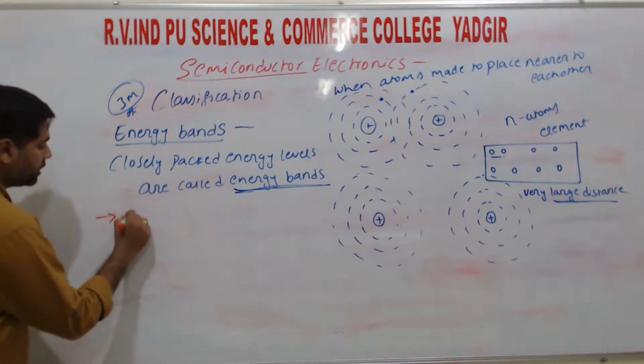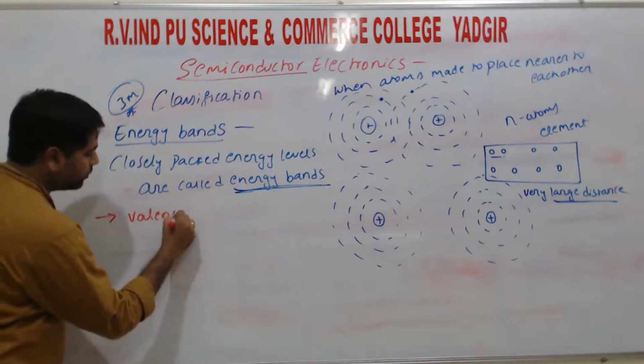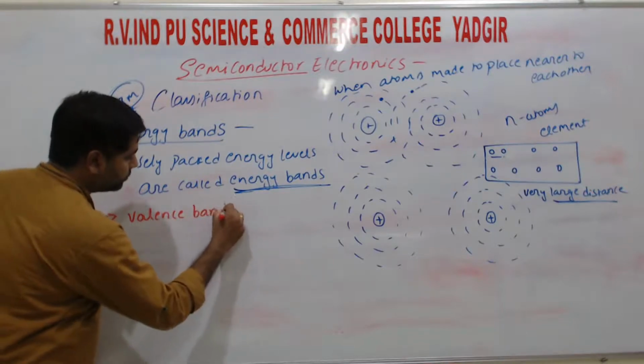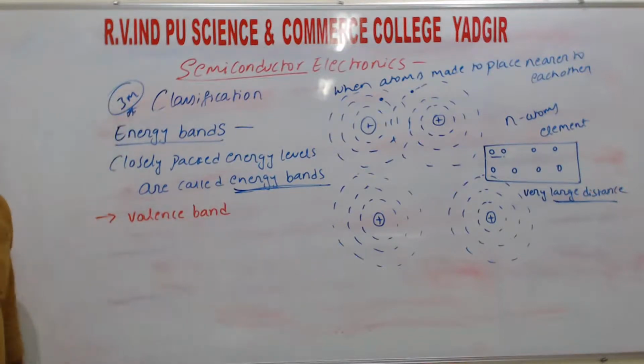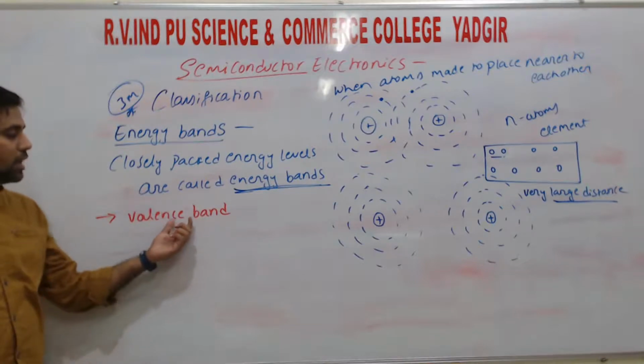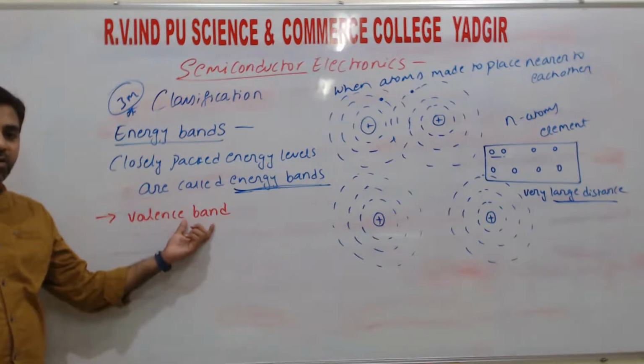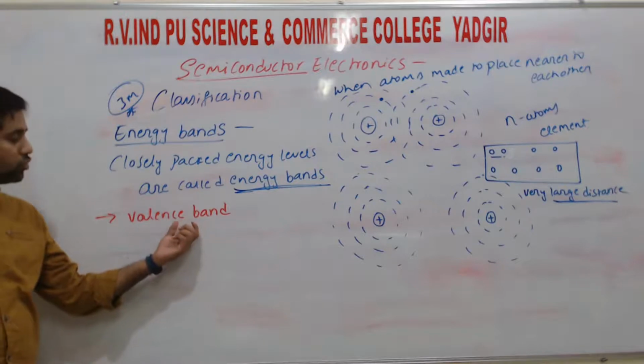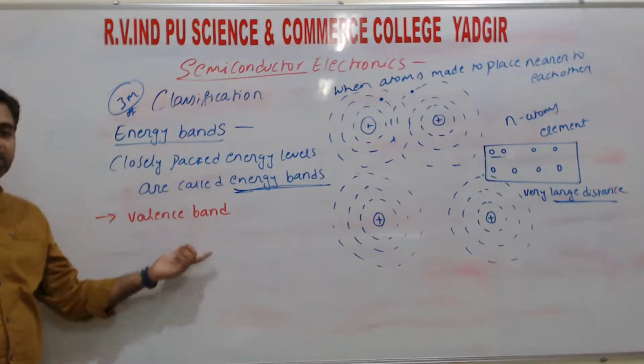The first one is the valence band, right? The energy band which includes the valence electrons in the energy levels, that band we call the valence band.